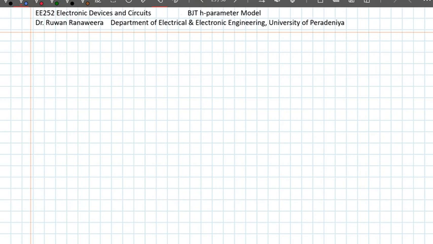We said the BJT can behave like an active linear two-port device under certain conditions. Those conditions were that the input signal has to be small, in other words, VBE should be less than about 10 millivolts, preferably even smaller, and the frequency of the signal has to be low, in the kilohertz range, not in the hundreds of kilohertz or megahertz range.